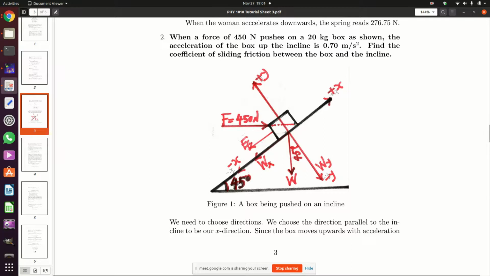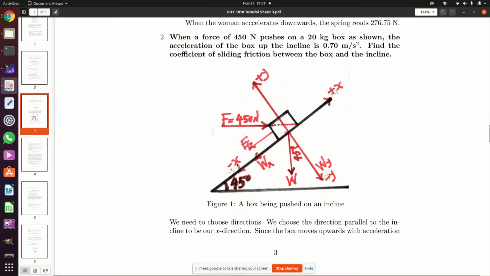Then we choose the direction in which the box is moving to be the positive x direction. Since the box is being pushed up, we chose that to be our positive x direction. Then the opposite direction became the negative x direction.